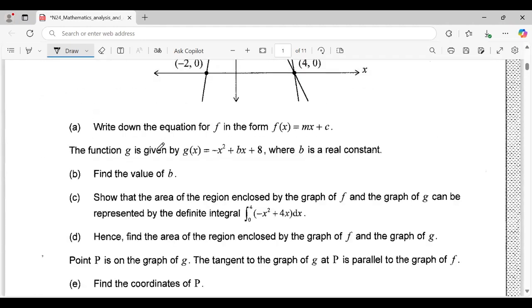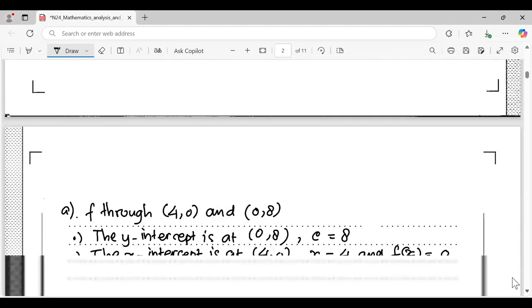Next question. The function g is given by gx equals minus x squared plus bx plus 8, where b is a real constant. Find the value of b. G is a quadratic equation.